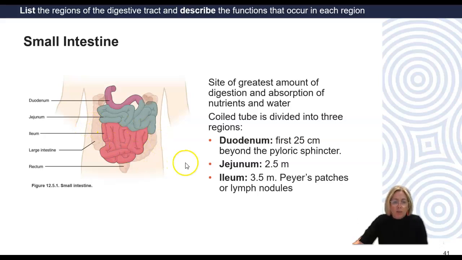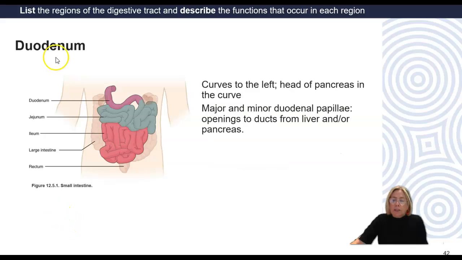And in the ileum, we have these Peyer's patches, which are a specific type of lymphatic nodules. And so these lymphatic nodules will be involved in surveillance of any particles that enter this part of the small intestine. The duodenum itself, this purple bit, curves to the left, and the head of the pancreas, which you're not looking at there, is located in that curve.